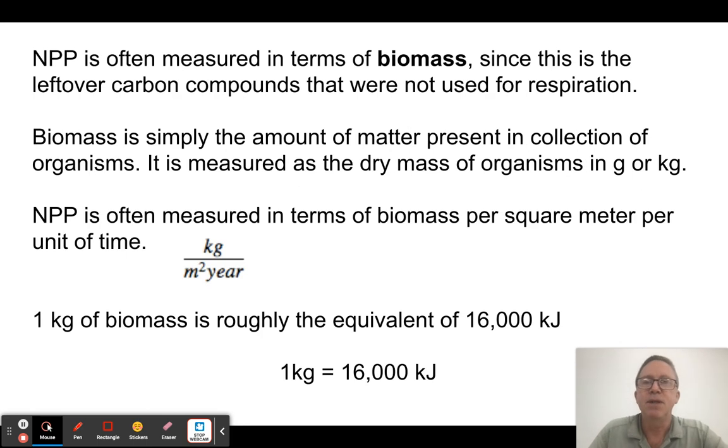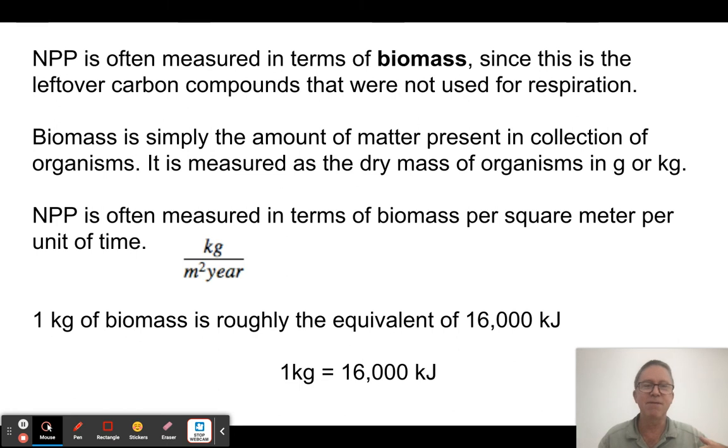We already did that one here. So basically, we measure biomass. If we're going to really measure biomass, technically we should dry the plant out, so we're only measuring the carbon compounds, not the water content. We typically measure mass in grams or kilograms. So one of the most basic ways of measuring the NPP of a system is in terms of biomass.